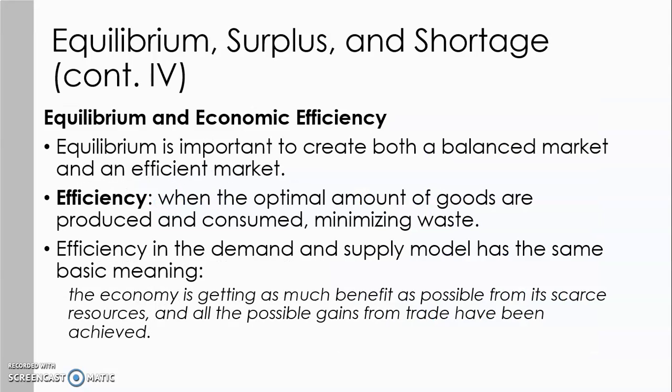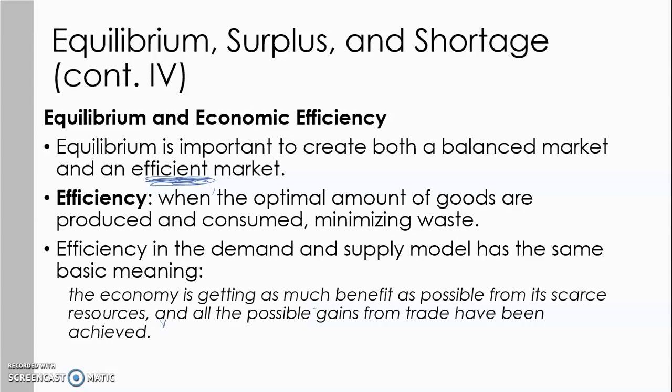Equilibrium is important to create a balanced market, but more importantly, it's important to create an efficient market. Efficiency is where we have the optimal amount of goods produced, so there's less waste. But in the supply and demand model, you can think of it slightly differently. The economy is getting as much benefit as possible from its resources, and all possible gains from trade have been achieved.